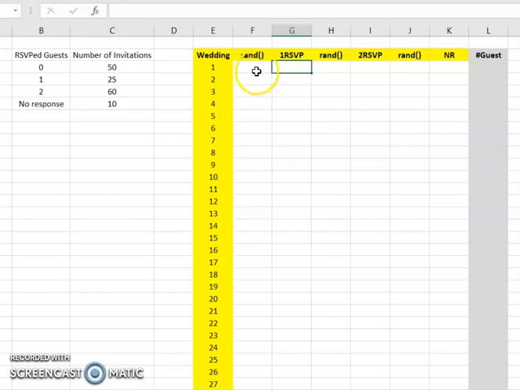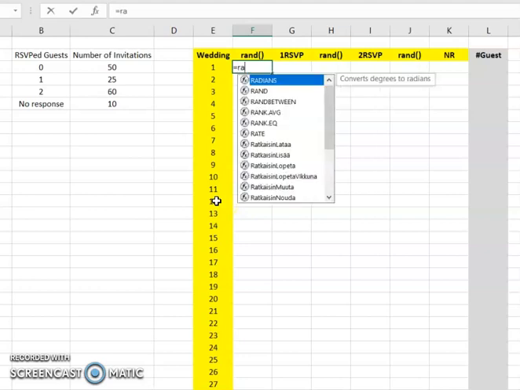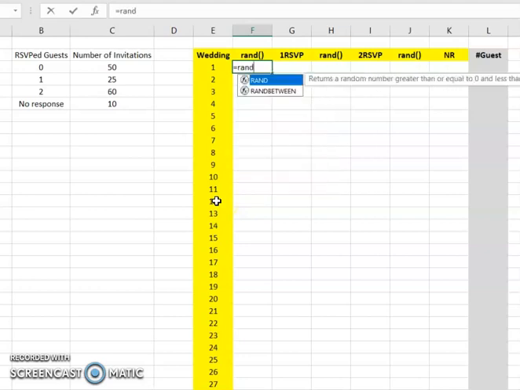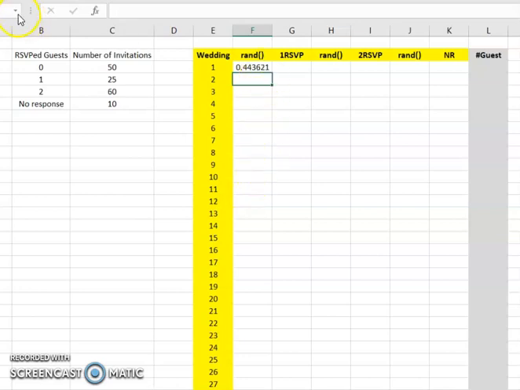So what we want to do here, since one RSVP, two RSVP, and NR, according to the explanation that we had, are all discrete probability distributions, is first have a random number for each of them. As you know, we are going to do it with this, and I'm going to populate it.